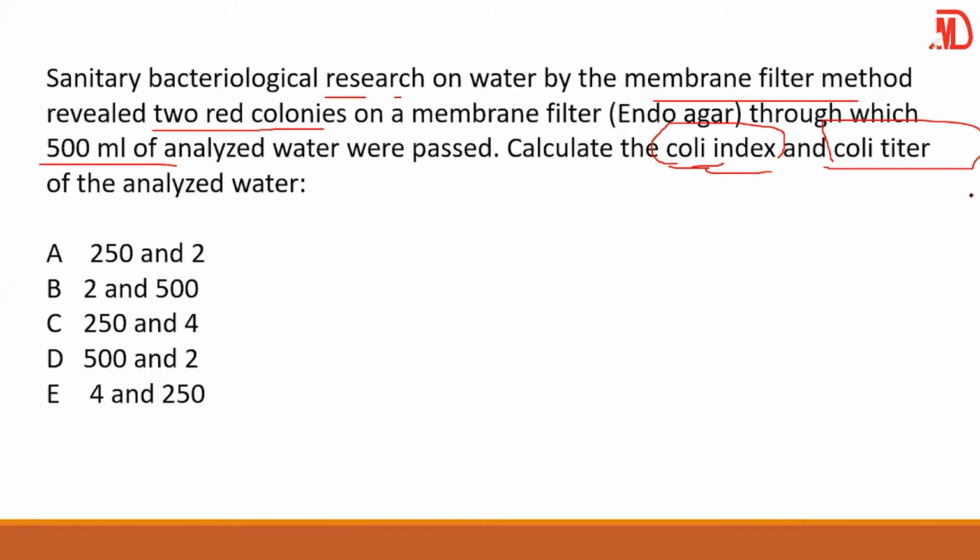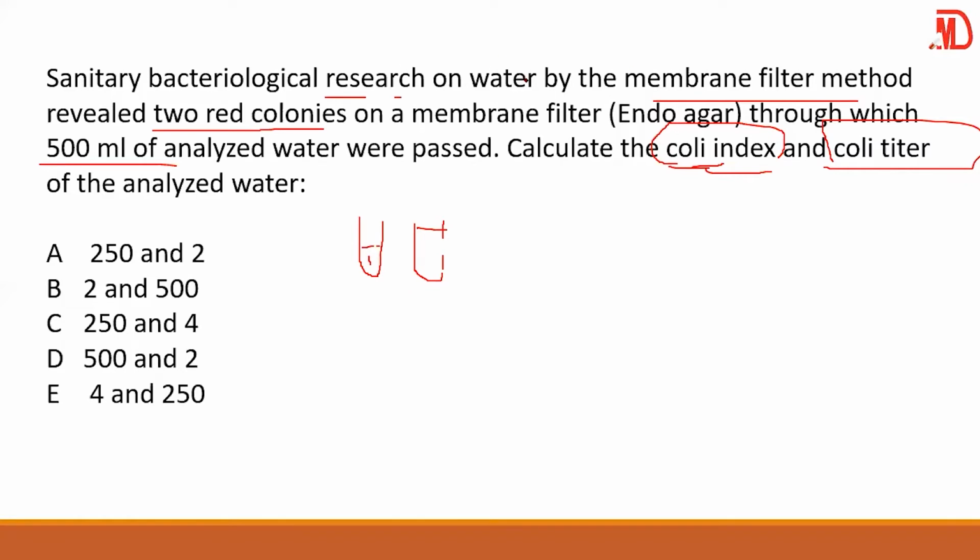So, for example, assuming this is my container, or the smallest amount of water inside this container, and I have 1 E. coli present, irrespective of the volume, this is called the coli titer. Coli index is when, if this is 1 liter of water, the amount of E. coli in that 1 liter is the coli index. So they are two different things.